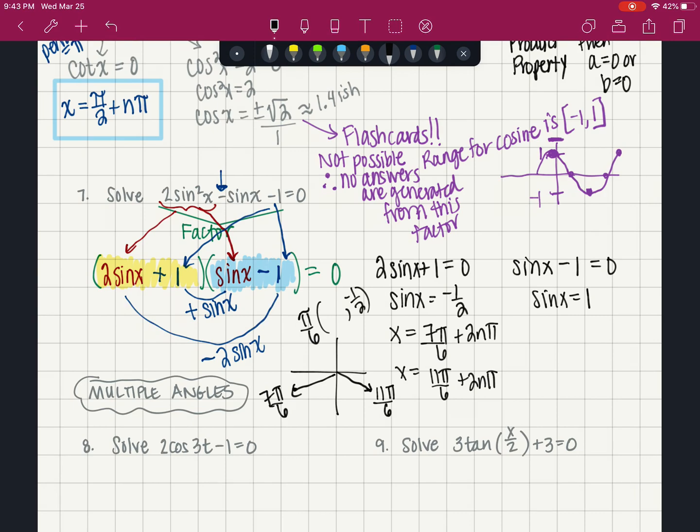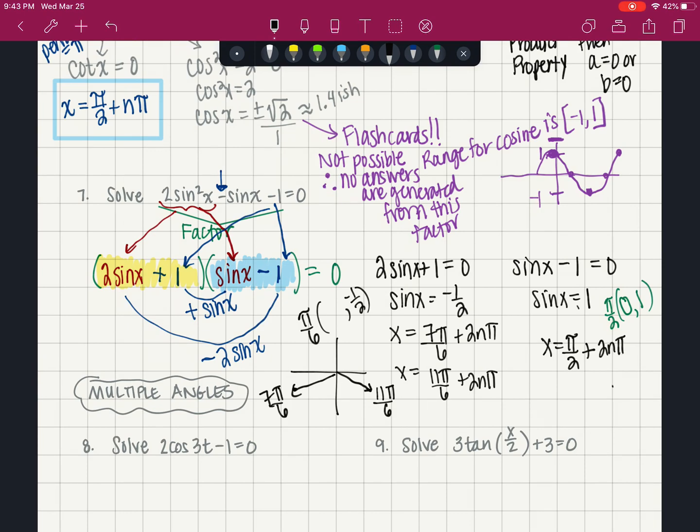Now, where is the sine function equal to 1? The sine function is equal to 1 when the y value is 1. Well, that happens when the x value is 0 on the unit circle, which would be pi over 2. So in this case, x is equal to pi over 2 plus the period for sine, 2n pi.